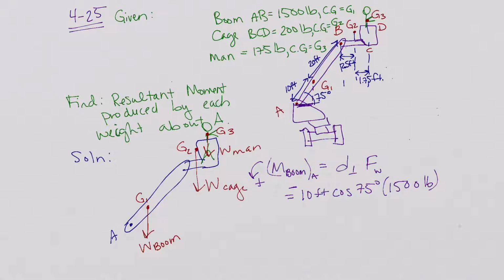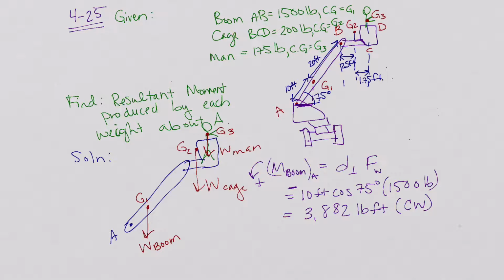So that's going to create a negative moment about A. And now we can just multiply that out, and we get 3,882 pound-feet. And because it has that negative sign, it's actually in the clockwise direction.